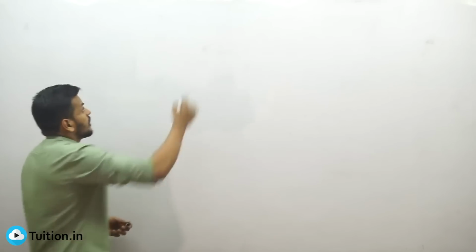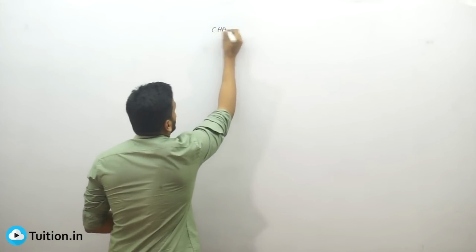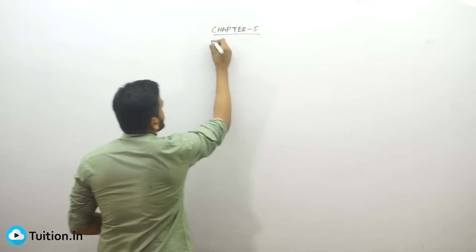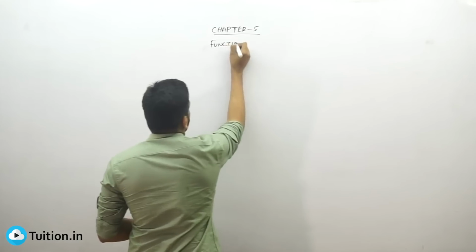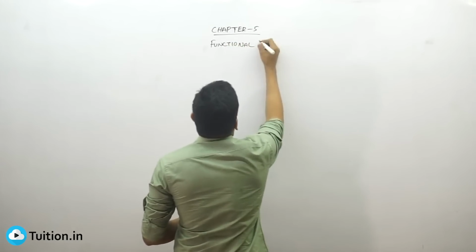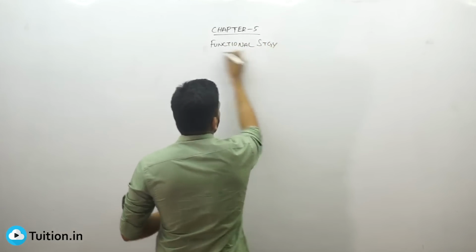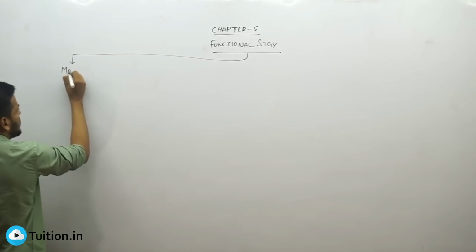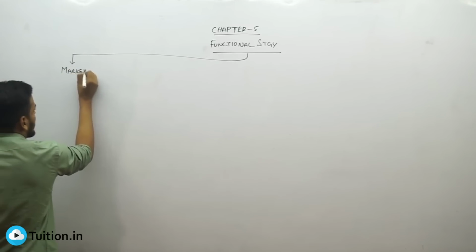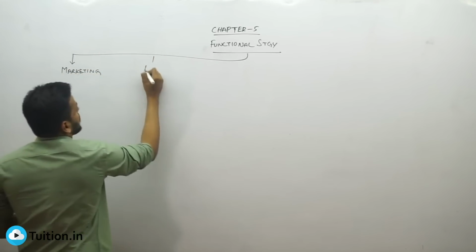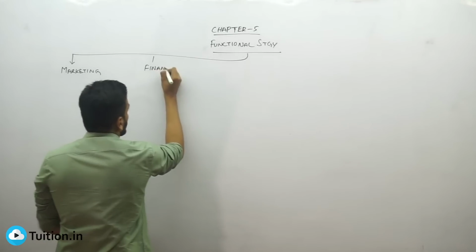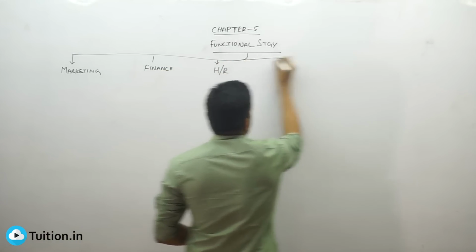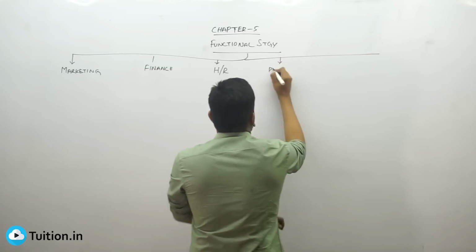Right, in chapter number 5, we are discussing the various functional strategies. So functional strategies, guys, how many functions do we have in business? Right, we have 5 functions plus R&D to be the 6th one. So marketing being the first one, marketing, finance, HR strategy, then there is a small one called production strategy, right?